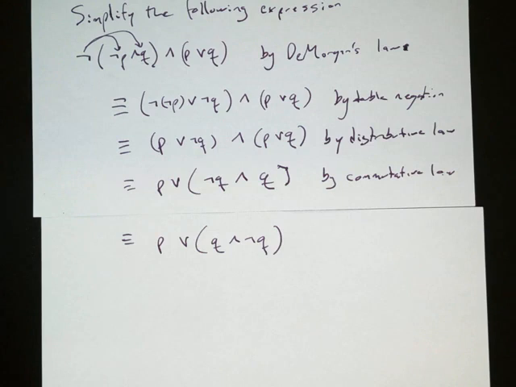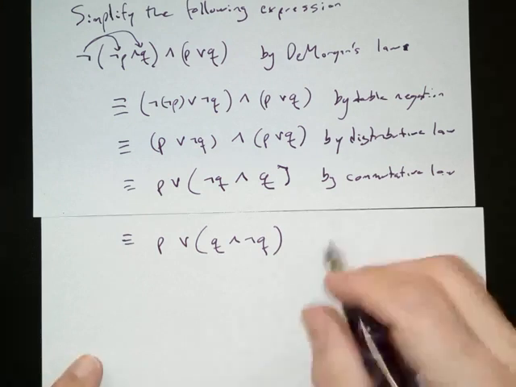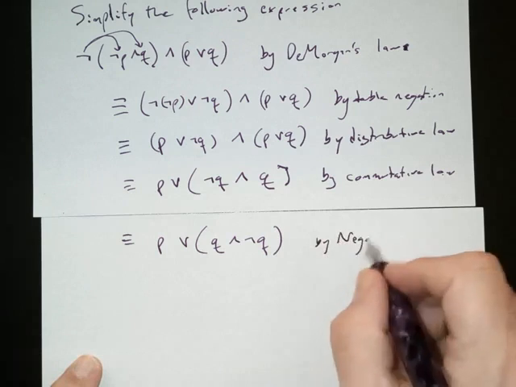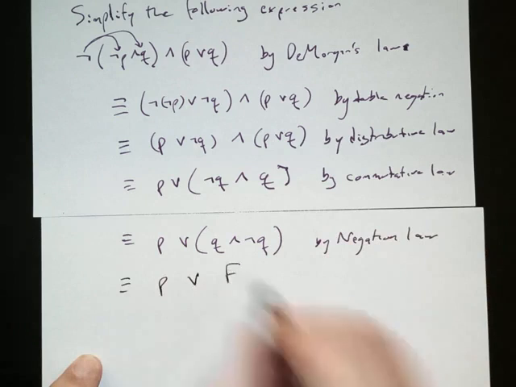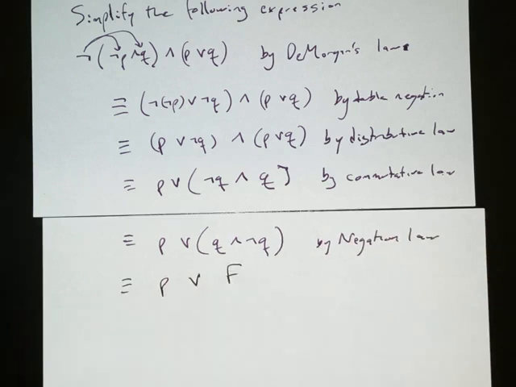And those negation laws are the tautology and the contradiction we came up with from Shakespeare. P or not P is always true. Let's just write a capital T. P and not P is always false. Let's just write a capital F. So I'm going to replace this with a capital F. Because that was our sentence that was a contradiction at the very beginning of class today.